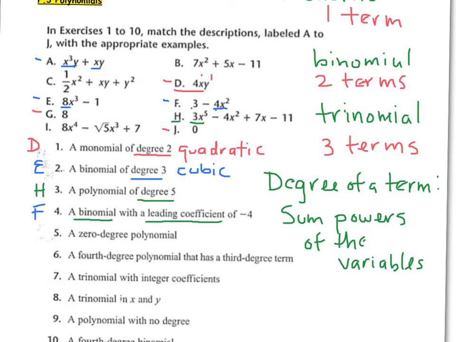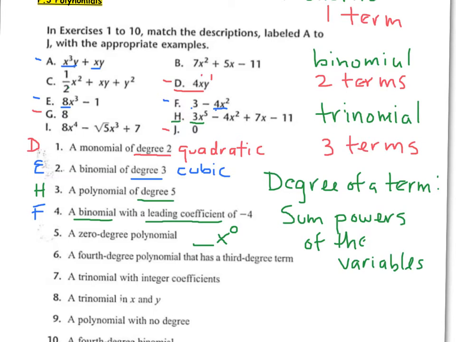In number 5, we're looking for a 0-degree polynomial. That would mean we're talking about a polynomial where the degree was 0. Now we know that that also means that that value is 1. So when a number is put in front of that, basically it just comes out to be that number times 1.